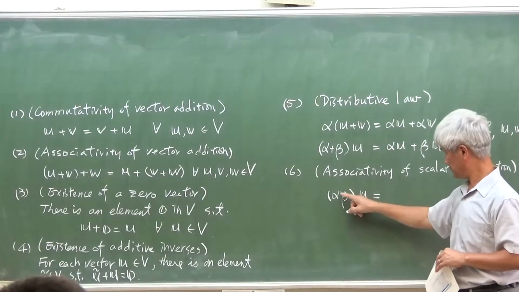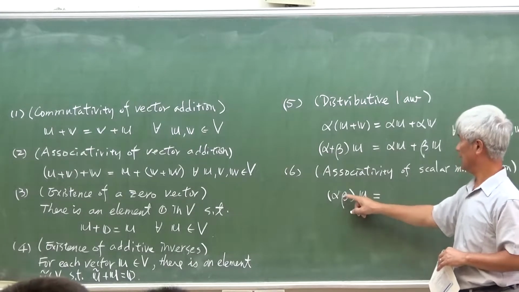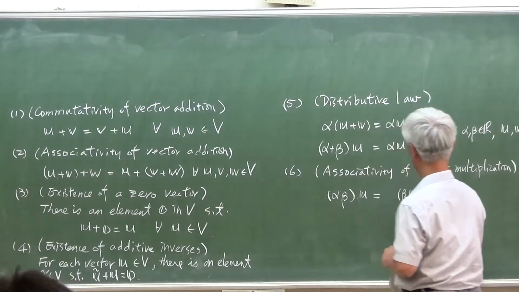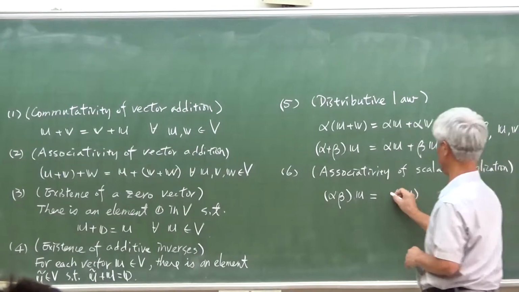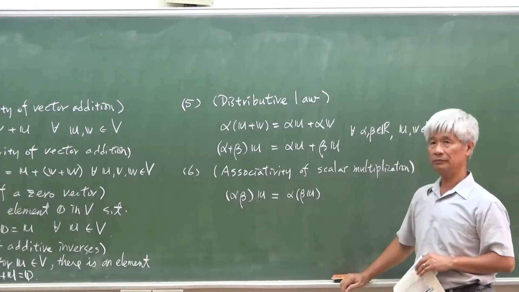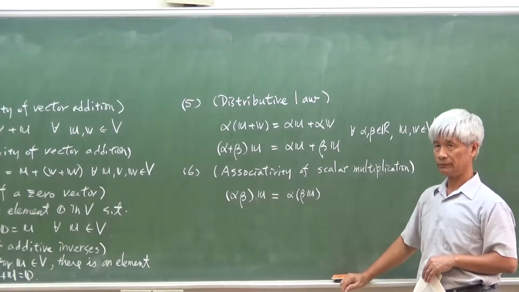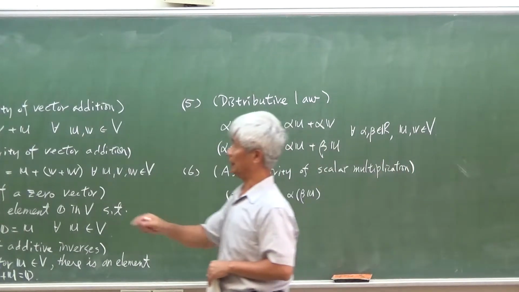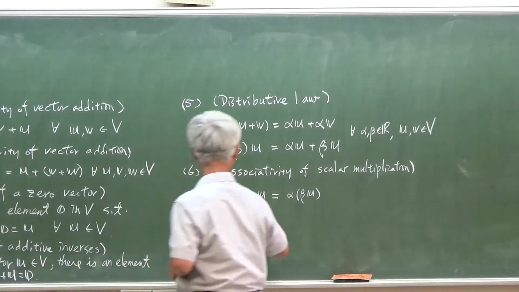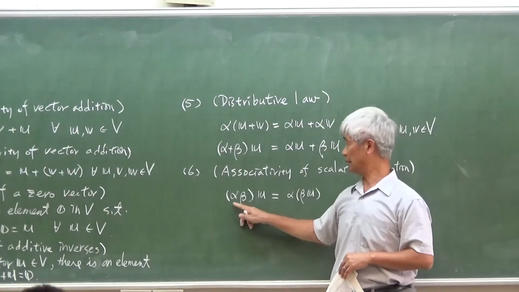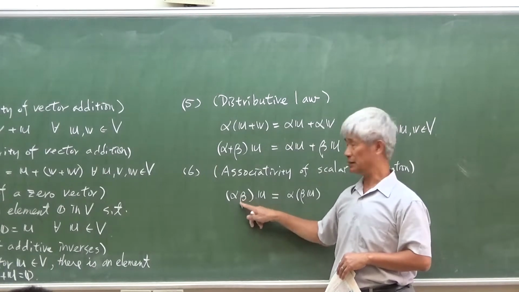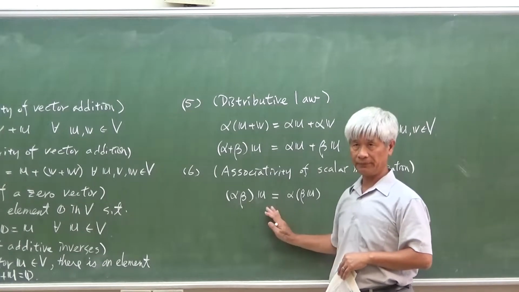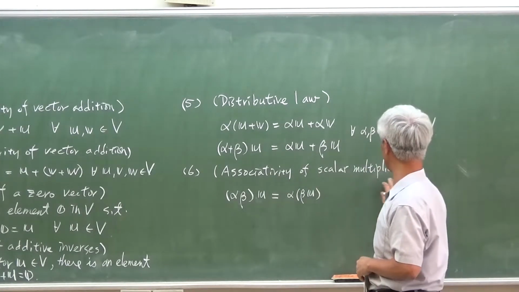You can do the product of two scalars first and then take the scalar multiplication. Or you can do beta multiplied with u and then take another scalar multiplication. So here you do two scalar multiplications, but there you do one multiplication of two scalars and one scalar multiplication. They are different, but the result will be the same. So it's called associativity of scalar multiplication.